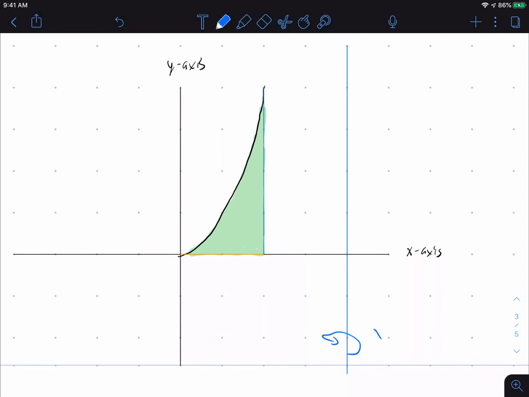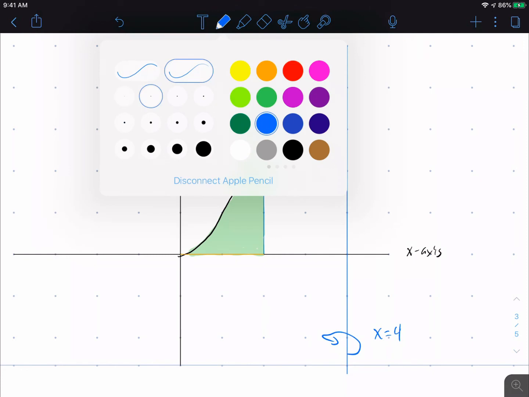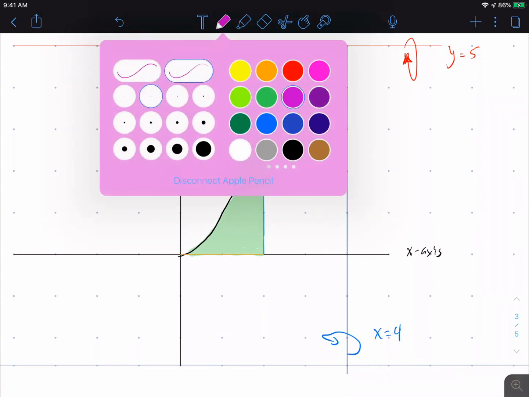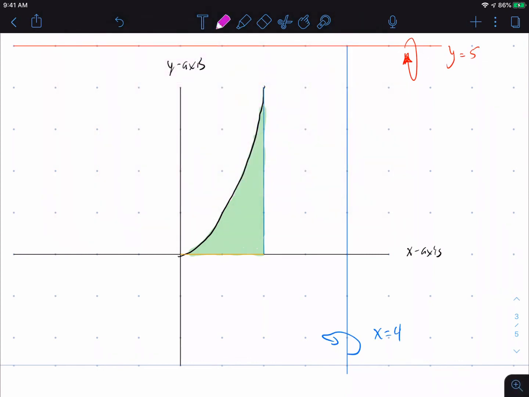There's an axis of rotation. Here's an axis of rotation. Here's an axis of rotation.